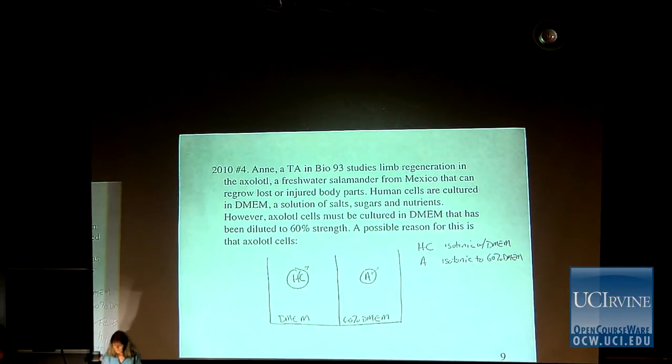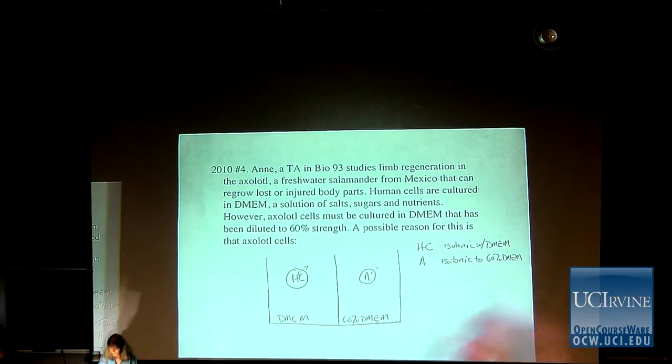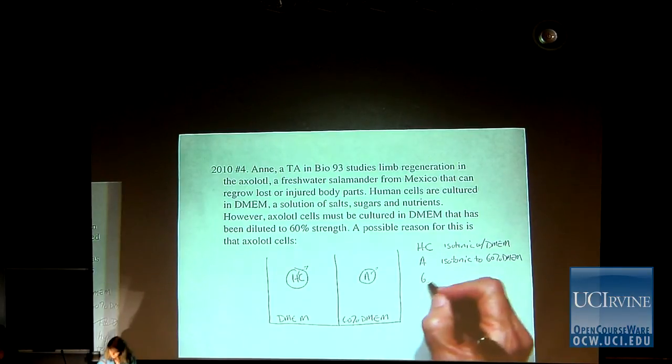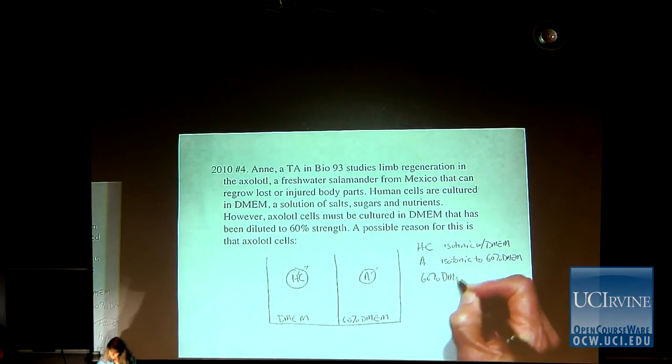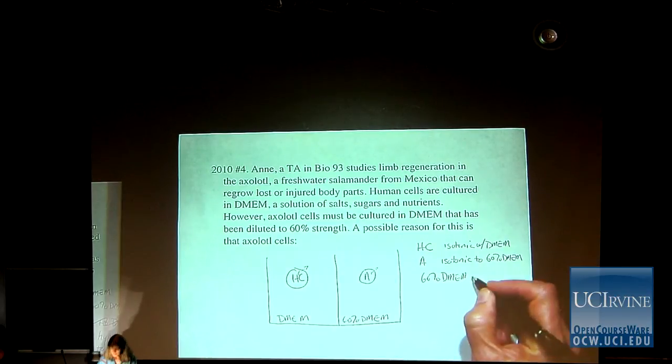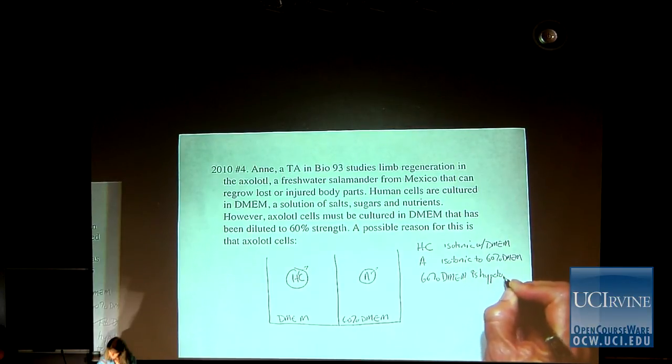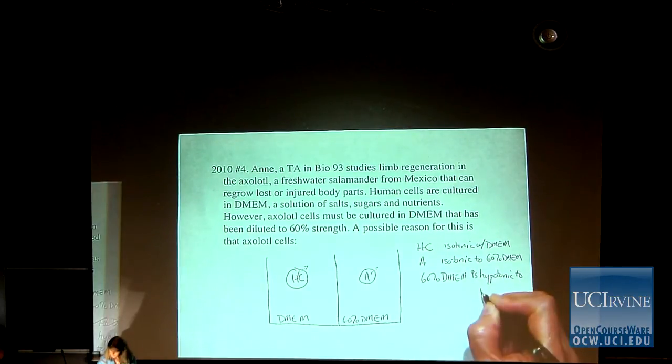Okay, so now by inference we know that 60% DMEM, because it has more water, is hypotonic to DMEM, right?